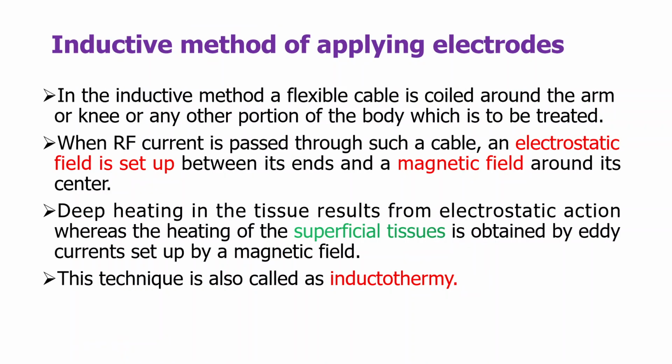It can be used for the superficial layers. Here the heat will be generated in the superficial layers. This technique is also called inductothermy, and here we set up two fields, as I told: one is the electrostatic field, another one is the magnetic field.